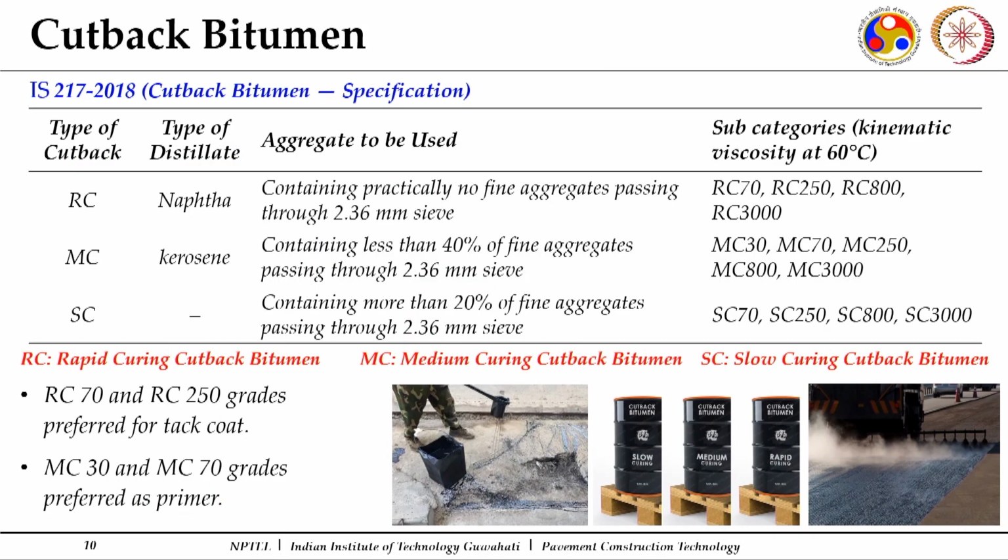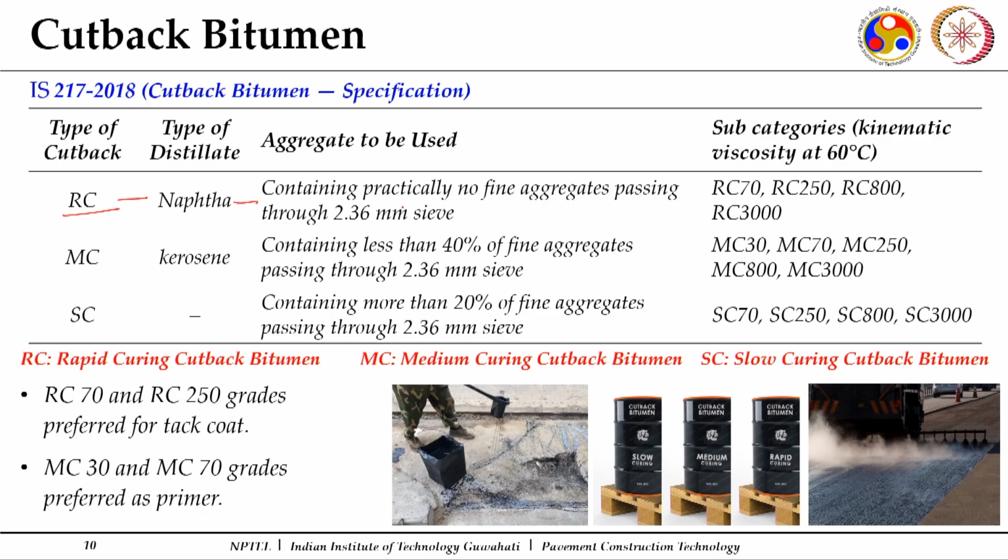Now there are different grades, as there were viscosity gradings VG 10, 20, PMB grading 76 minus 10, 76 minus 22. Similarly, there are different grades for cutbacks also, and they have different applications. This is a rapid curing cutback, where you are using a distillate which is naphtha, which evaporates very quickly.